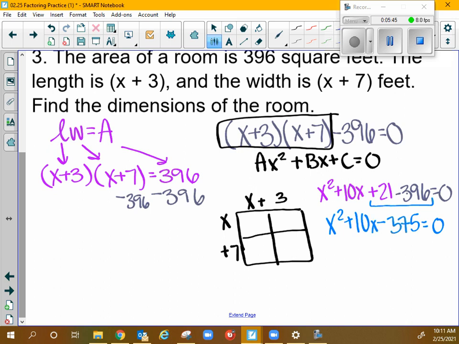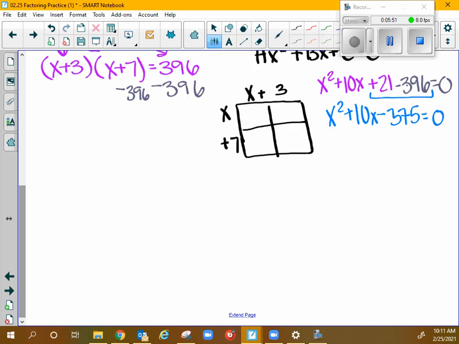Okay, now I can find the solutions because now I have a standard form quadratic equal to 0. So we have to refactor. Hint, it's not going to be x plus 7 times x plus 3. The new factors are not going to be the same. So a is 1, so we should be pretty quick through this one.